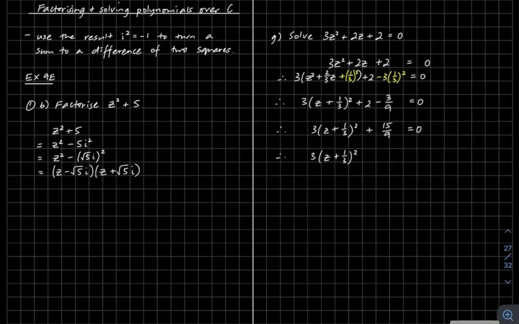I'm just realizing that I probably should have done this differently up the top, but that's alright. You could hear my cogs ticking there. I probably should have just taken the 3 outside of the whole thing to make my life a little bit easier, but let's see if we can persist. So we're going to turn that into a minus, and let's actually take the factor of 3 back out again. So that would be 5 over 9, so root 5 over 9 i squared.